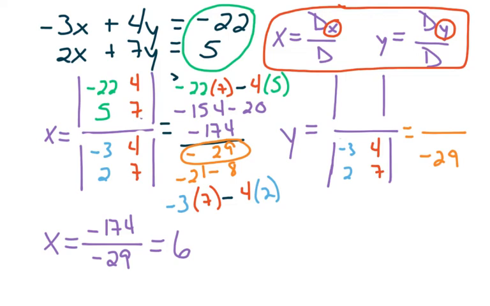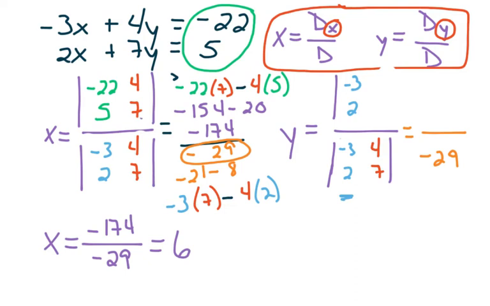Well, I'm solving for y, so I replace the y values. This is the other reason that I write the coefficient matrix on the bottom, because the numbers in the x column don't swap to a y, and the numbers from the y don't swap to an x. It's only the constant values that change. So I'm solving for y, so of my coefficient matrix down here, the x column stays the same.